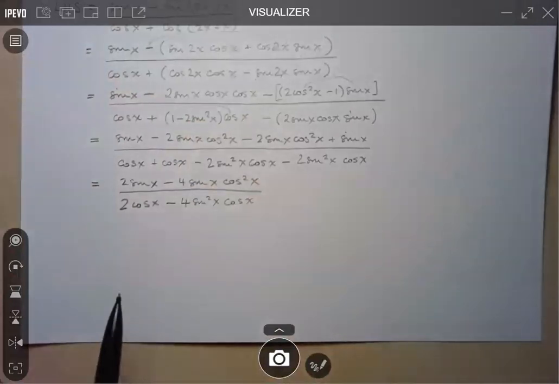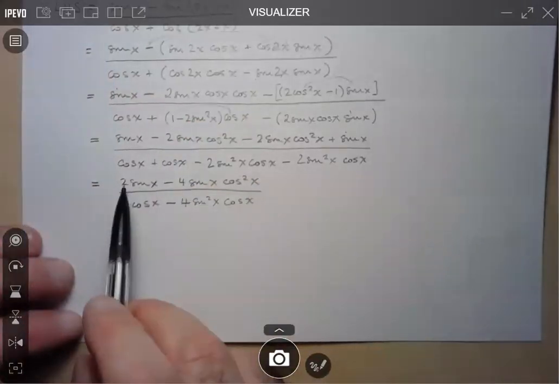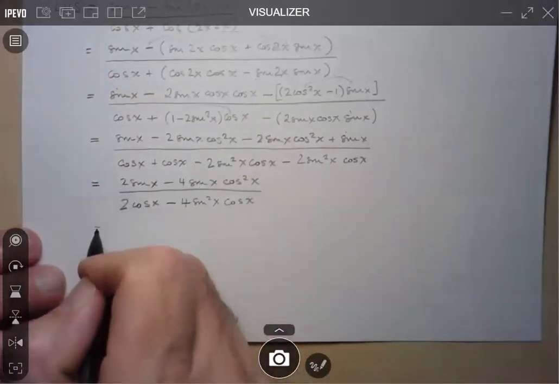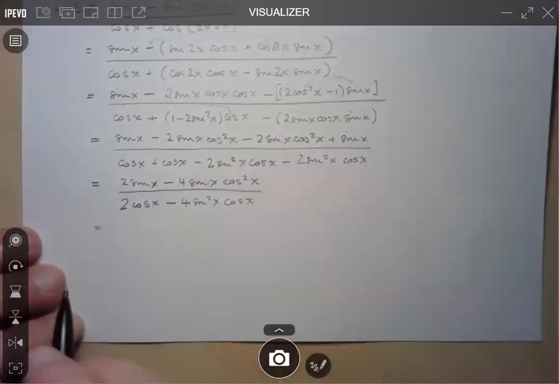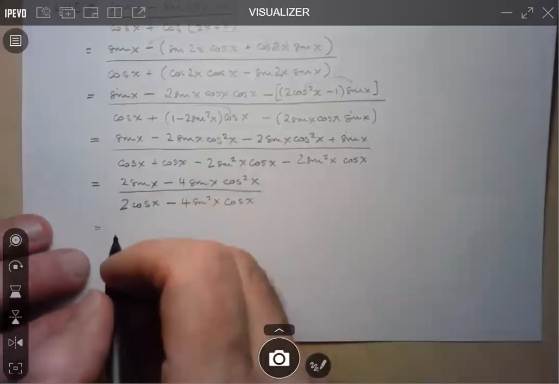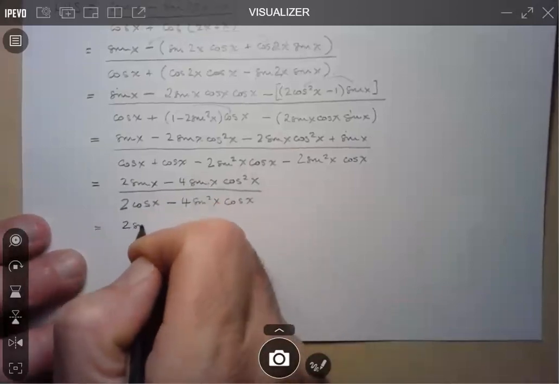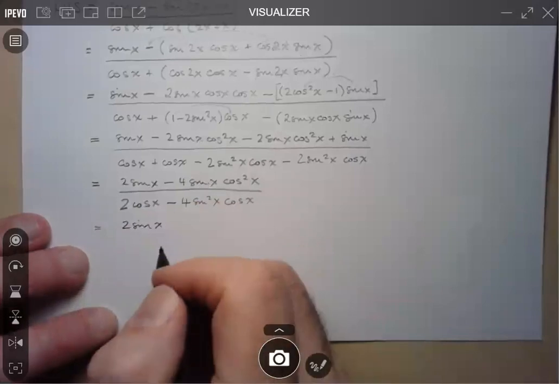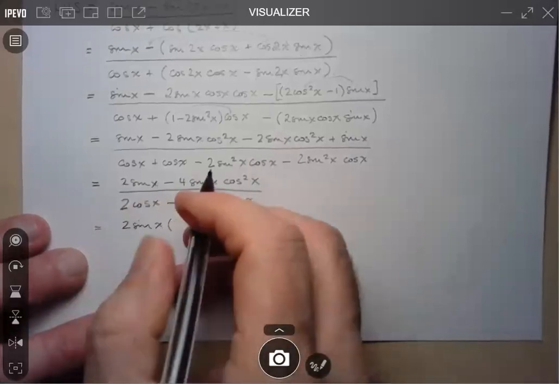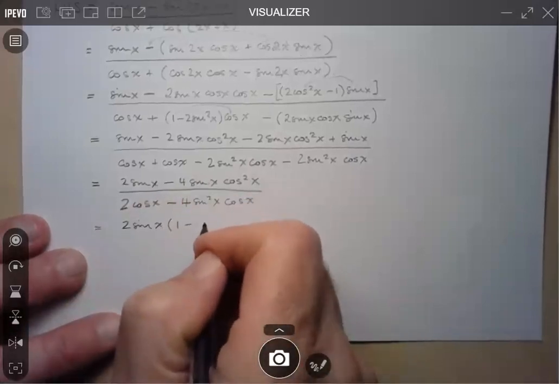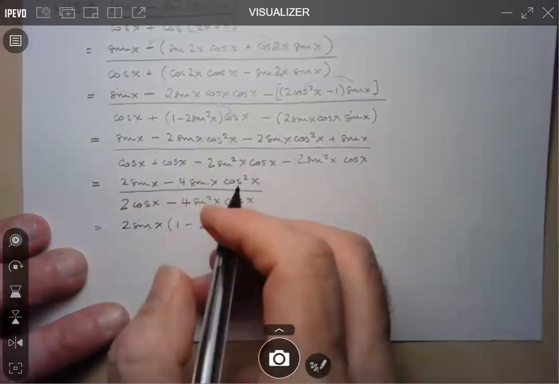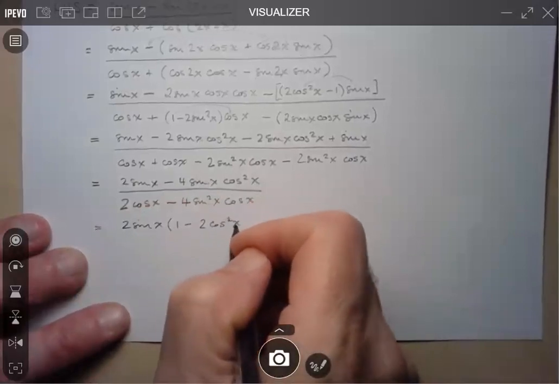Now I do notice here that I've got a common factor of 2 and a common factor of sine x. So I think it makes sense to factor that out. This is where I'm now using algebra, not using trigonometry. So what are we left with? We're left with 1 minus 2 cos squared x.